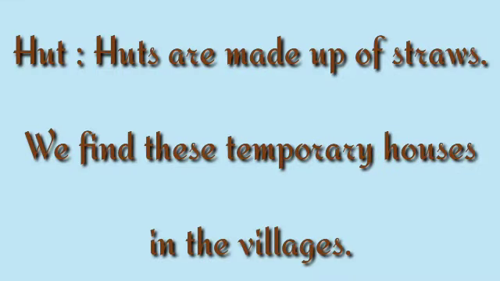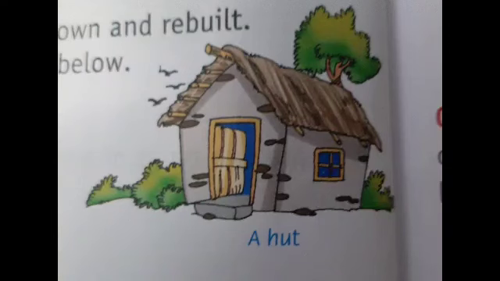First we are going to study about huts. Huts are made up of straw. We find these temporary houses only in villages. You can see in this picture, this is a hut, a temporary house.